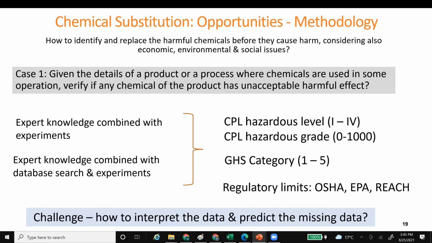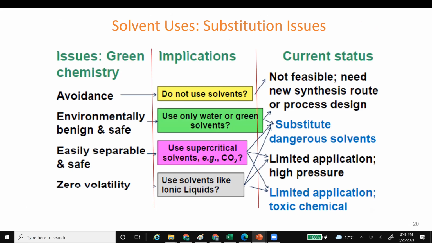And here I will introduce the issue of solvent uses and solvent substitution. If I look at the green chemistry, in one of those green chemistry issues, they said we should avoid use of solvents, especially organic solvents. Also, if we need to use them, we should use environmentally benign and safe, easily separable and safe, zero volatility. If we look at the implication, avoidance: can we avoid solvents?